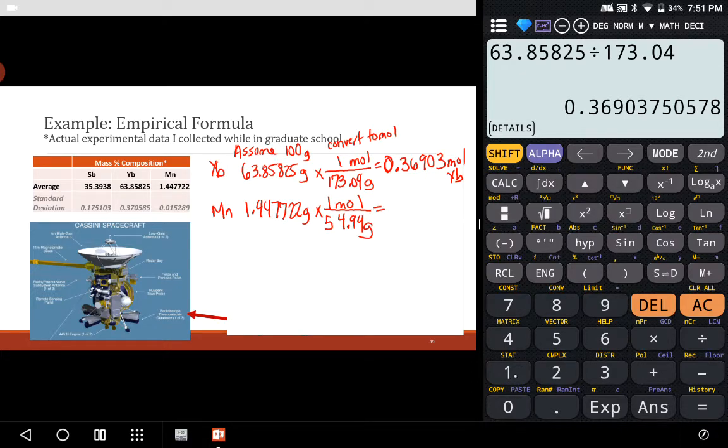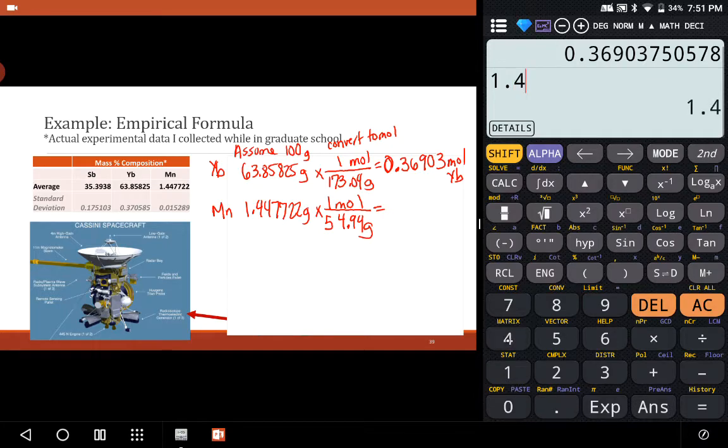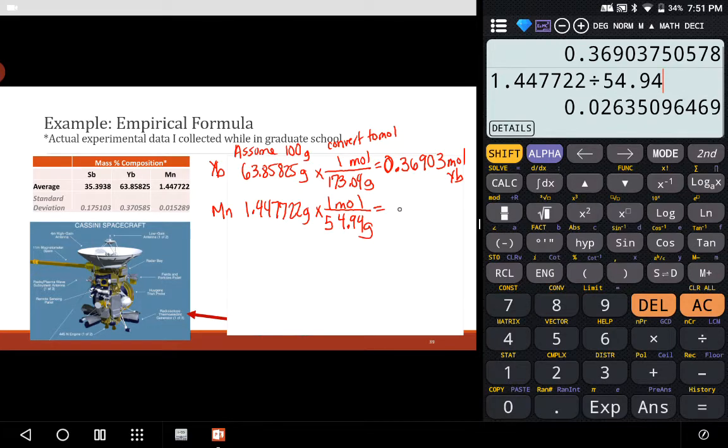That is 1.447722 divided by 54.94, which is 0.026359 mole of manganese.